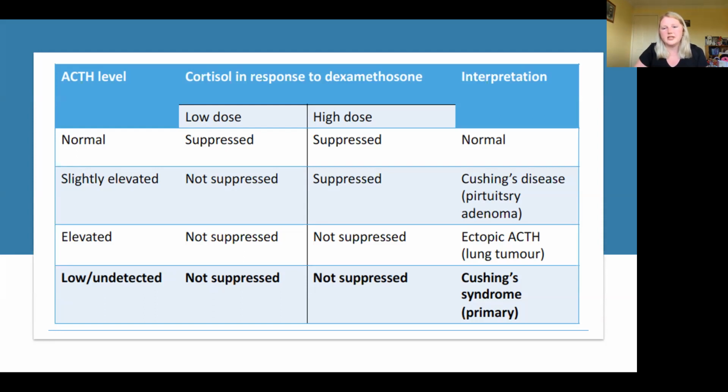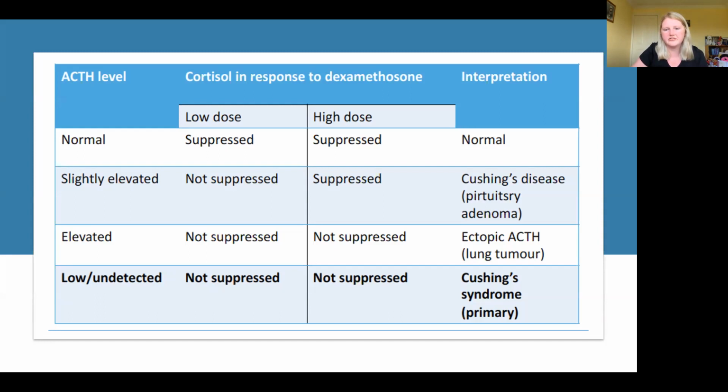And when there's a higher cause of that increased cortisol, giving dexamethasone won't change that at a lower dose. But in the case of a higher dose, Cushing's is suppressed because it can't completely overwhelm the effects of that dexamethasone.